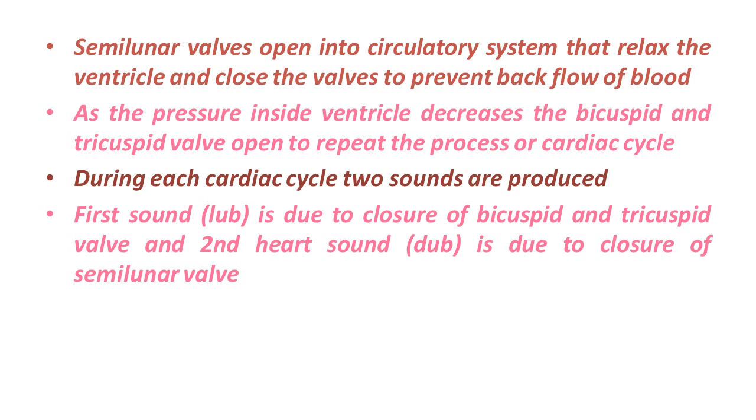So during each cardiac cycle, when these two sounds are produced, they can easily be heard by this instrument, which is known as a stethoscope. The first heart sound, that is lub, is associated with the closure of the tricuspid and bicuspid valves, and the second heart sound, which is known as dub, is associated with the closure of the semilunar valves.